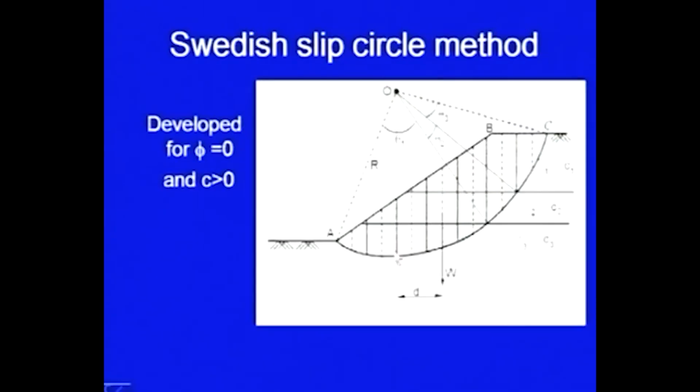So, we will be taking one slice ending here, because we have to take the moments, so we can straightway take the moment of this slice or this slice. Similarly, where this arc is touching the profile of different soil masses, for example, here, we should take some slices here also.